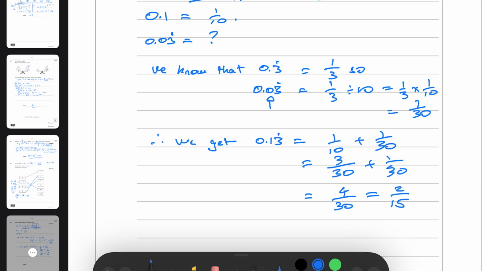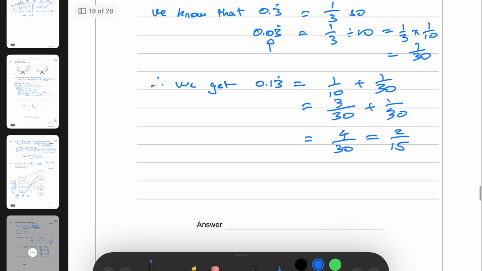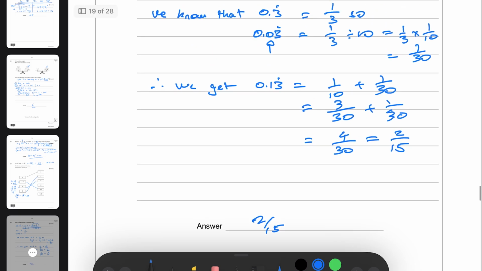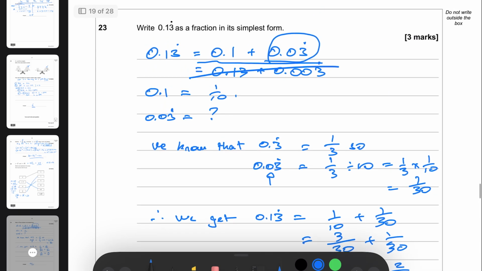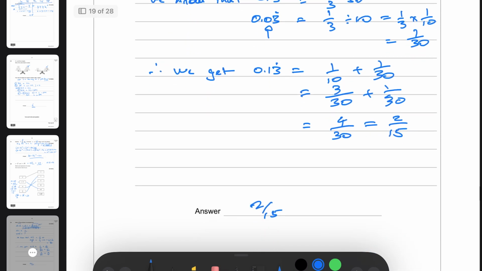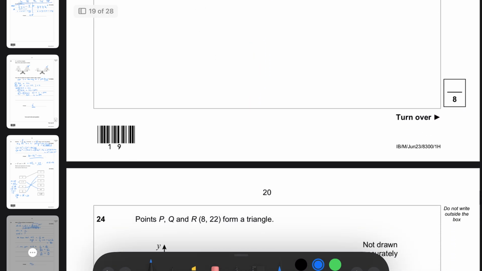And if we use a calculator, 2 divided by 15, we can verify that it indeed gives us 0.13 recurring. So we know that this is 2/15, right? So the trick is literally to split it up, and then you'll have easier numbers to work with. Make sure to remember that, because these do come up quite often.